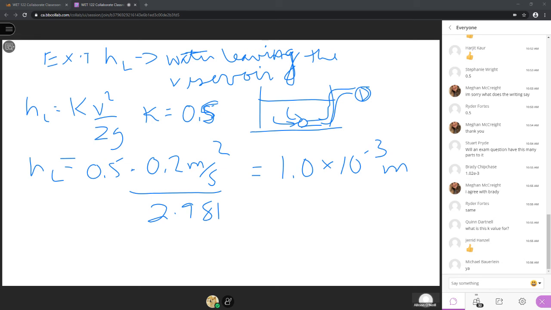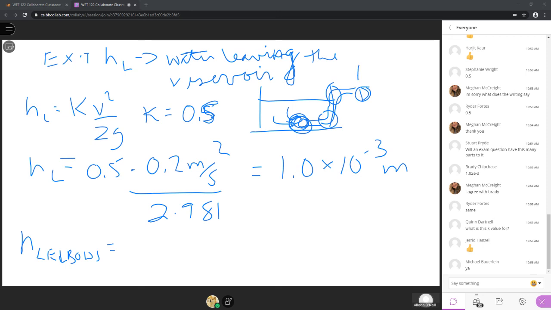All right, so now we've done this where the water is going into the pumping system. Now we have to do the same thing for the 90-degree elbows. So, head losses for the elbows. In this case, we've got two 90-degree elbows.